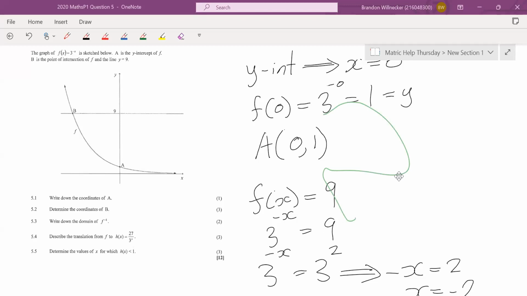So the domain becomes the range and the range becomes the domain. Or we can do it the long way, whereby we find f inverse and then look at what the domain should be. So let's do this in two ways. Let's start off by finding F inverse and then seeing what we can do from there.